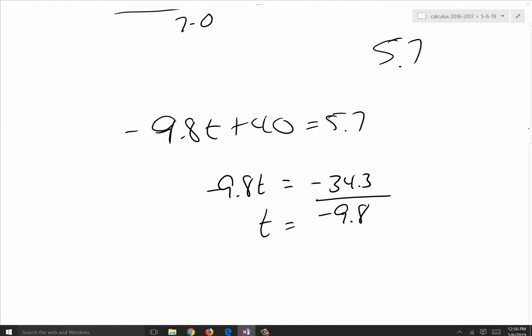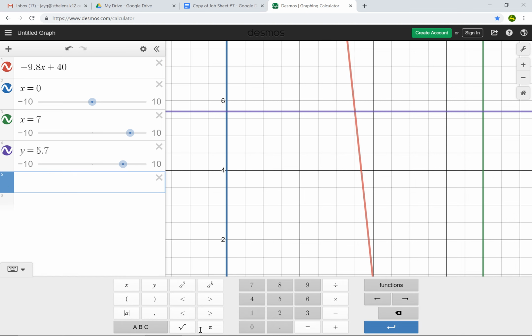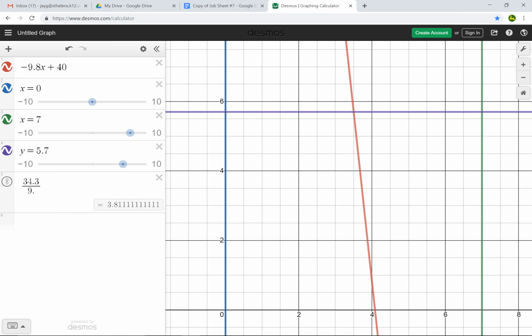What does that come out to be? Bam, 3.8. Oh, somebody messed up somewhere. Did you round hard on me? Was it the 34? It gave me 5.7 exactly.